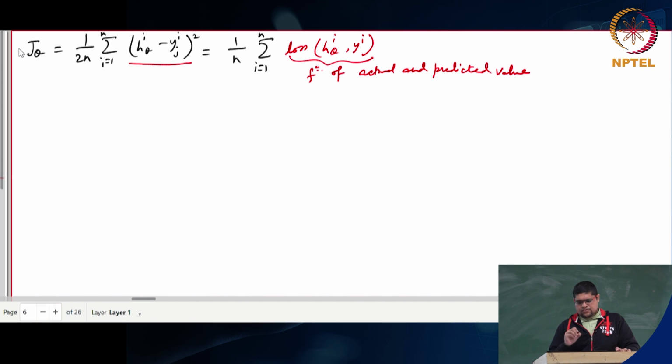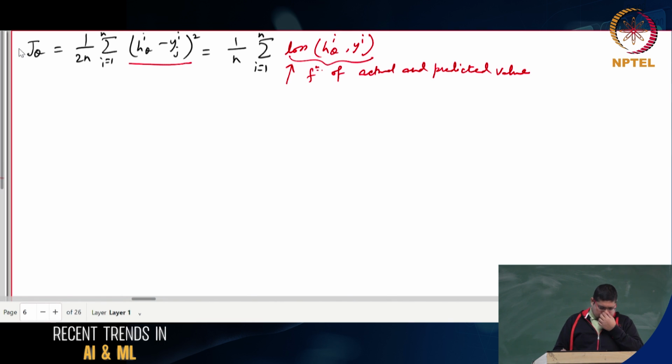So now we will entirely look into this loss function.